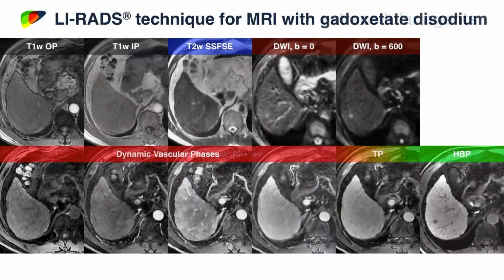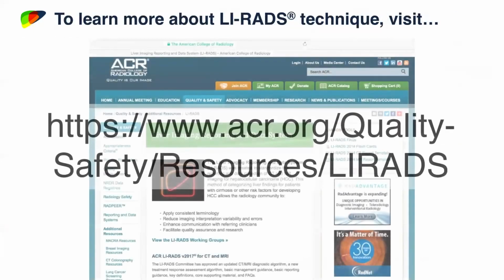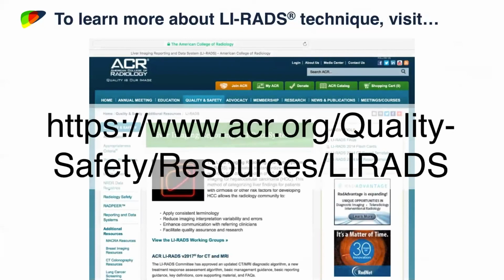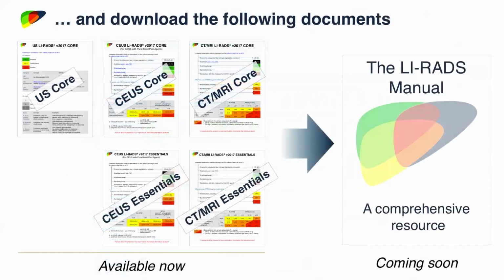And if you're doing MRI with an extracellular agent, it's very similar, except that we ask you to get a hepatobiliary phase at about 15 or 20 minutes. If you want to learn more about LI-RADS technique, you can visit this website and you can download these documents, and coming soon will be the LI-RADS manual.